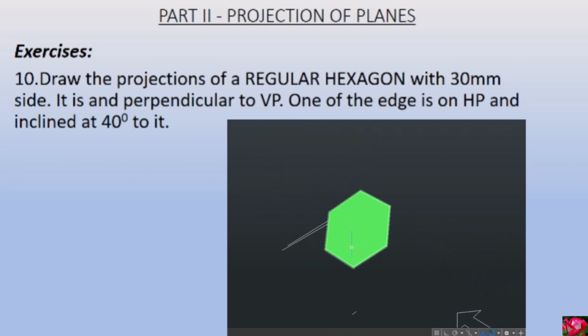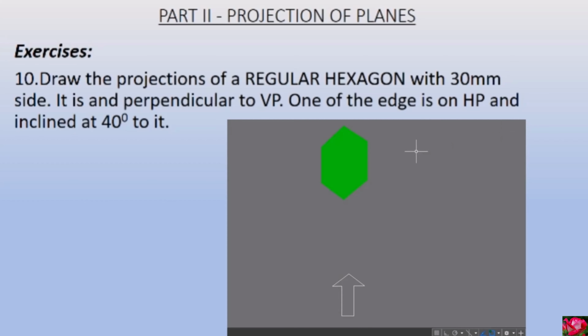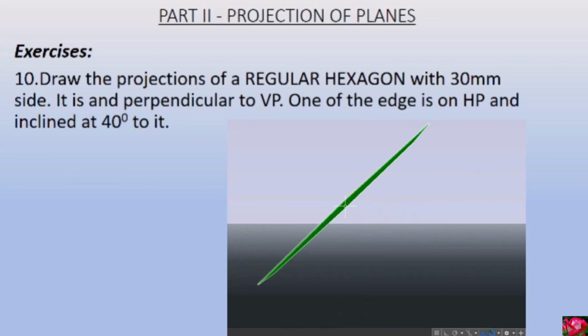Now I will delete the planes and extra lines, so that it will become easy for you to imagine. So now when we view this hexagon from the top, it will appear as a hexagon itself, but you see that its length has been contracted, and when it is viewed from the front, there will be only a straight line.